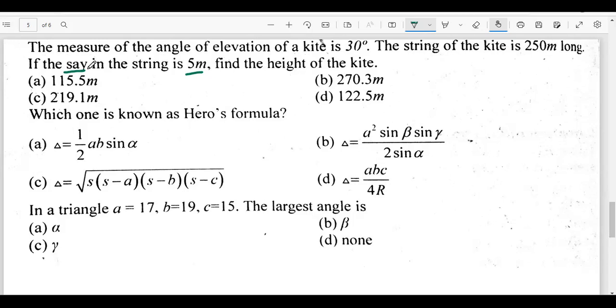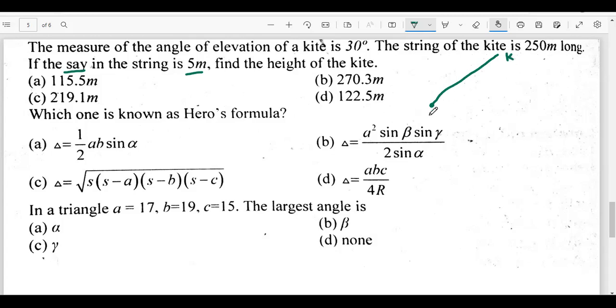Okay, so it is this. So we need to measure the angle of elevation of a kite. The string of the kite is 250 meters long. So let's say this is someone who's holding the kite, and then this is your kite, it's there. This is the kite, okay?